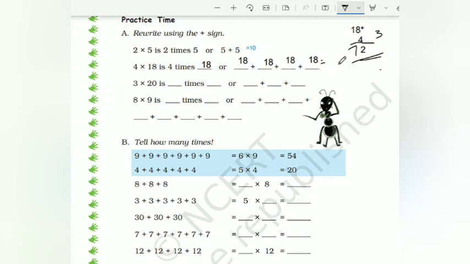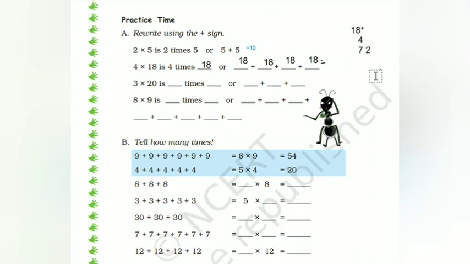We will get the answer as 72. So 4 into 18 can be written as 72.